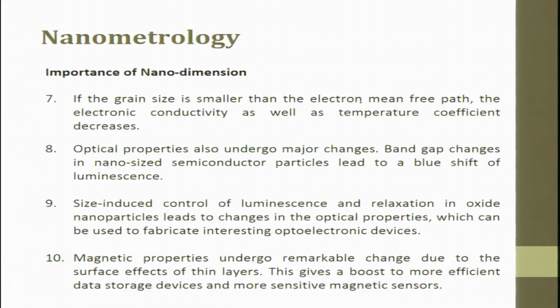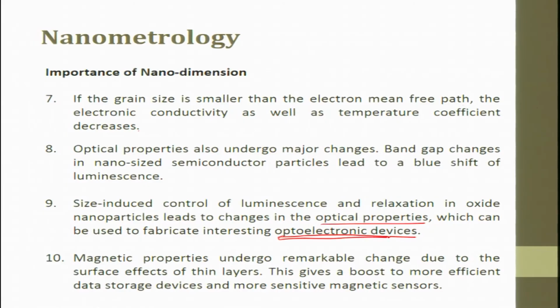If the grain size is smaller than an electron mean free path, the electronic conductivity as well as the temperature coefficient decreases. The optical property also undergoes major change. The band gap changes in nanoscale semiconductor particles lead to a blue shift of luminescence. Size induced control of luminescence and relaxation in oxide nanoparticles lead to a change in the optical properties, which can be used in fabricating interesting optoelectronic devices.